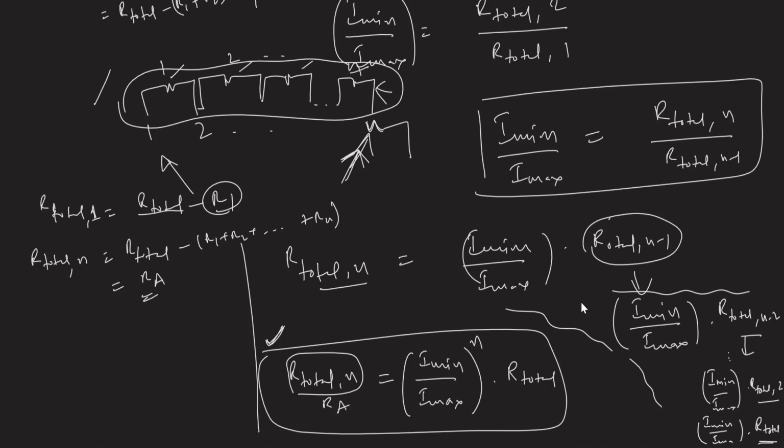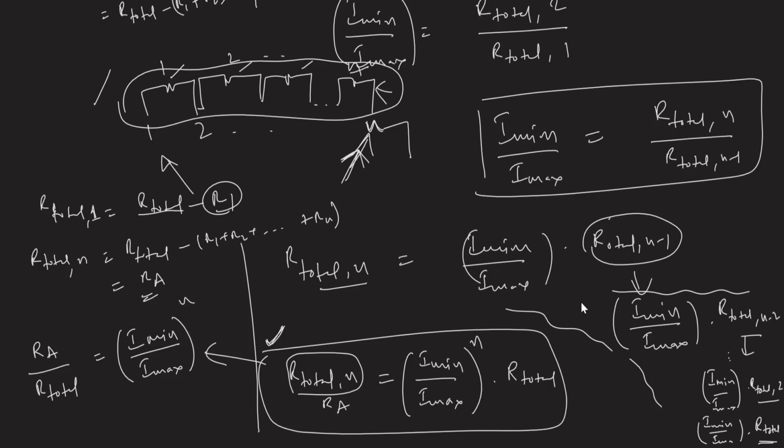This R total n is just Ra, right? So from this equation I can write down that Ra by R total is equal to I minimum by I maximum power n.